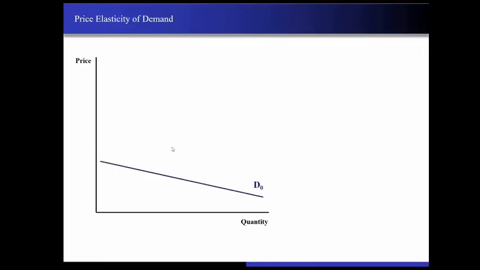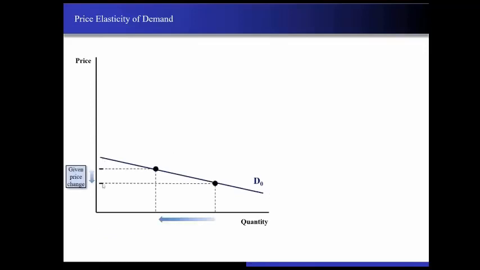So if we were to draw a relatively flat demand curve, and then think about a given price change, for this given price change the quantity is going to change by quite a bit. In this case, we would say the demand is elastic, or in other words, the consumers are quite sensitive to price changes, because the change in the price results in a very large change in the quantity demanded.